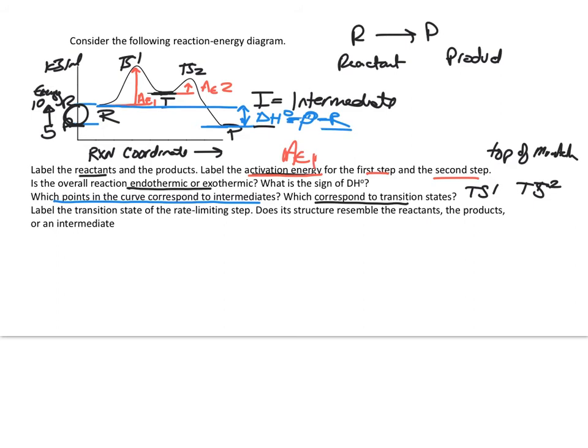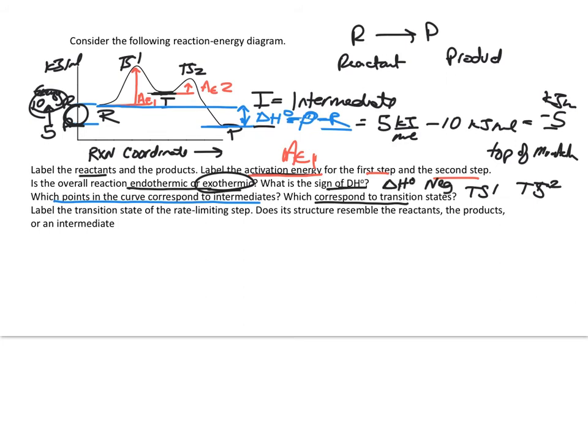Okay, so if you did this with the numbers, products would give 5 kilojoules per mole minus 10 kilojoules per mole. So that would be a negative 5 kilojoules per mole. So by giving it arbitrary numbers on this energy diagram, you can see that this is definitely exothermic, and the sign of the delta H here would be negative.